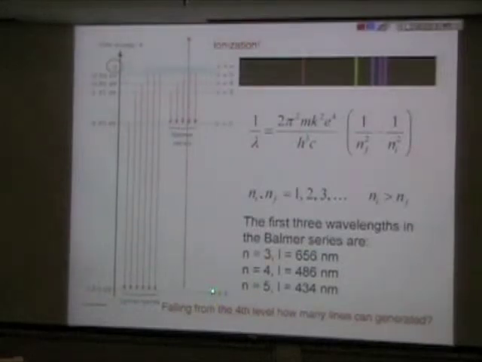Then we plug in n equals 2, and that gives the level number 2, negative 3.4. Of course, negative 3.4 is a larger number than negative 13.6. So it's kind of a tricky thing in terms of negatives. Then n equals 3 gives another level, and another, and another. Eventually, when n equals infinity, we get to 0.